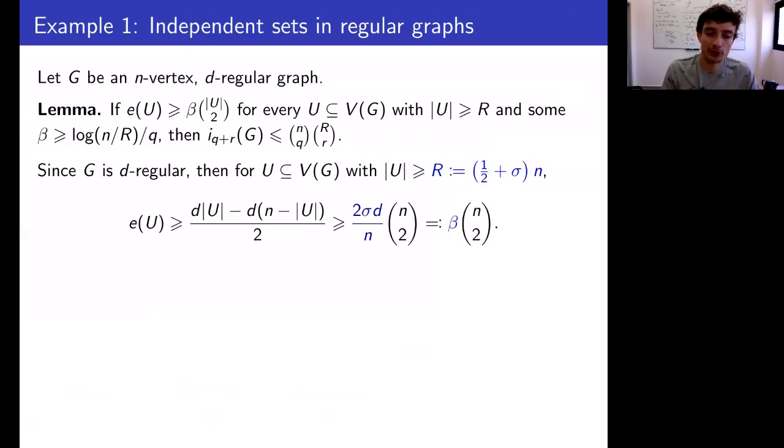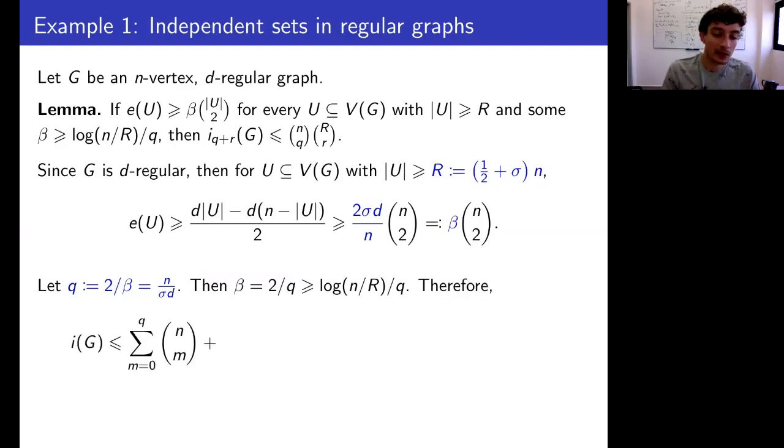And we denote this 2 sigma d over n, we let it be our constant beta. Now, the rest is a technical calculation. We take Q to be the minimal such that beta satisfies the condition of the lemma, and we verify that it does.